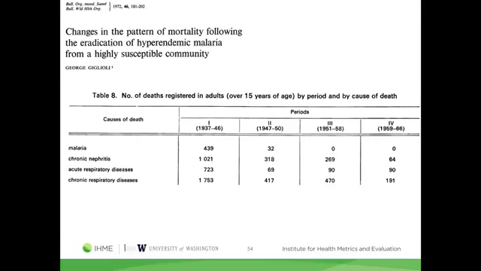Just a reminder of the George Macdonald study that I think some of you may remember from the Bulletin of WHO in the early 70s, where here's a place in Guyana with abrupt interruption of malaria transmission post-World War II with DDT scale-up, and then in different phases, huge declines in adult malaria deaths as recorded in Guyana, but also associated temporally huge declines in chronic nephritis, acute respiratory disease, and even chronic respiratory disease.